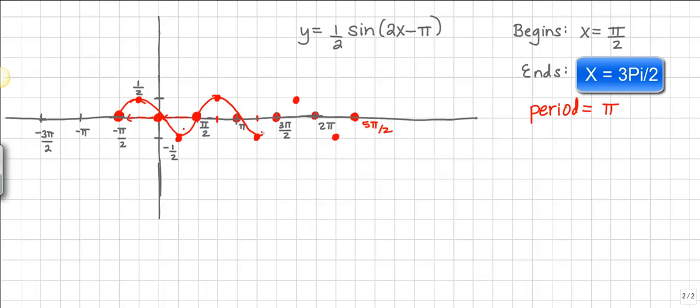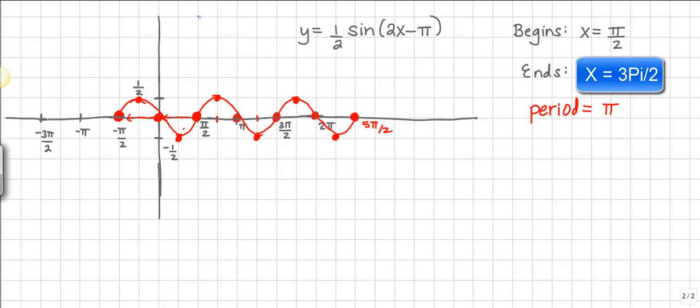Now the reason I actually backed it up some and moved it forward some, but mainly backed it up some, is to talk about phase shift. Okay, phase shift is where the original position, how it moved. Did it move totally left so many units or right so many units?